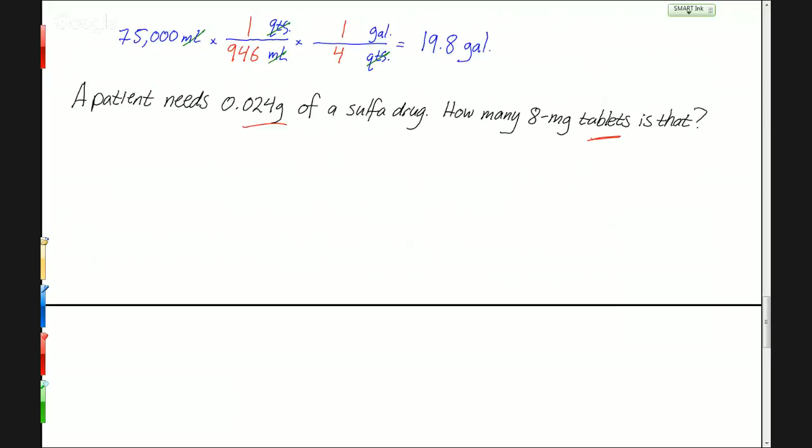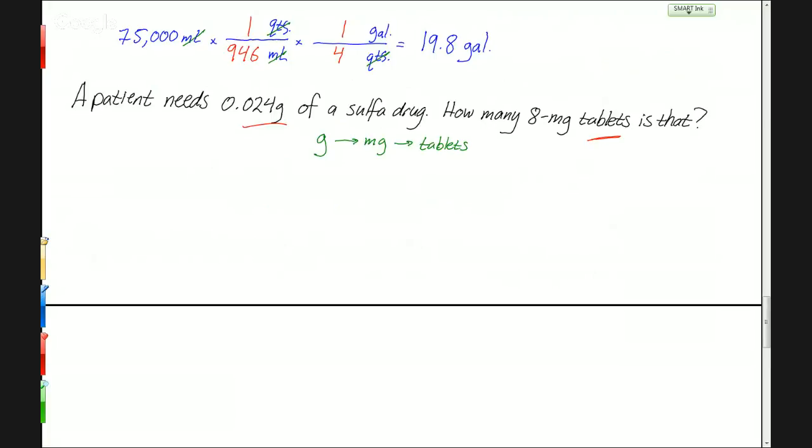So the plan, stepping through the units, is going to be from grams to milligrams to tablets.